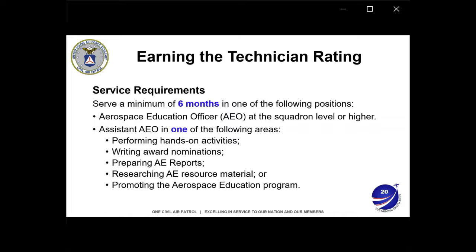You're performing hands-on activities, writing award nominations, including but not limited to Aerospace Education Officer of the Year, preparing aerospace education reports, like the AE activity report mentioned a moment ago, researching AE resource material, including but not limited to those provided by CAP. Great resources include NASA or other education resources, and of course promoting the aerospace education program in your squadron and to anyone and everyone you know.